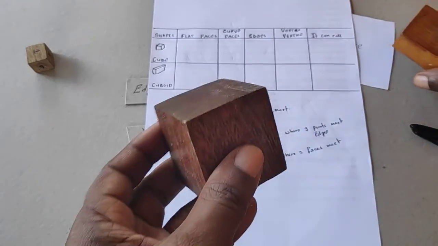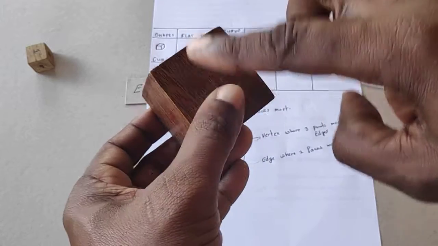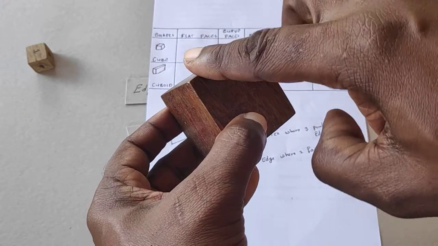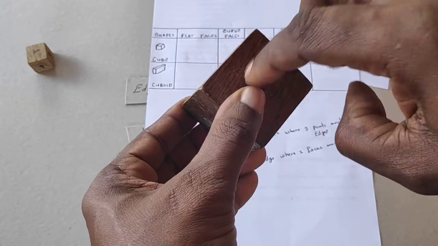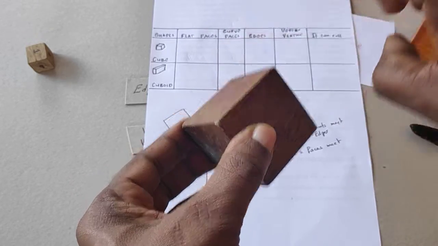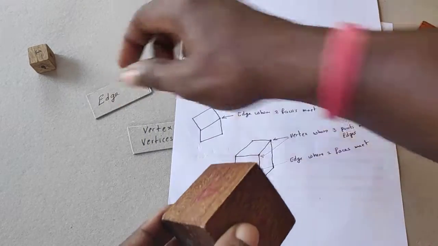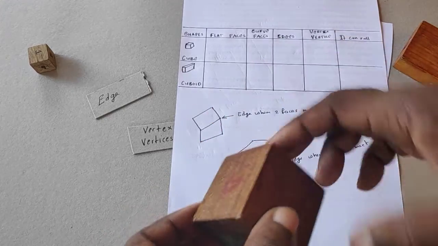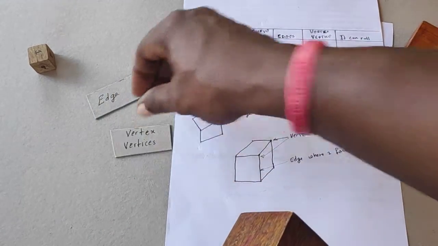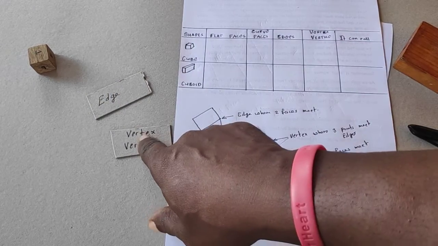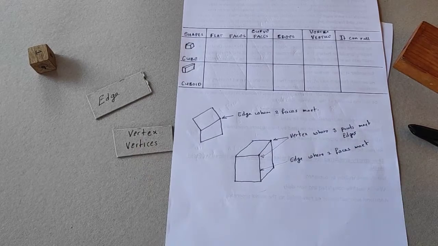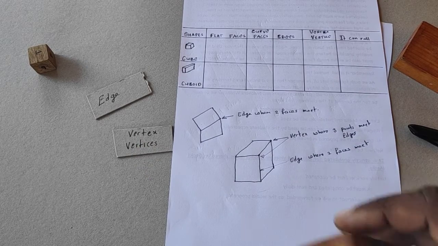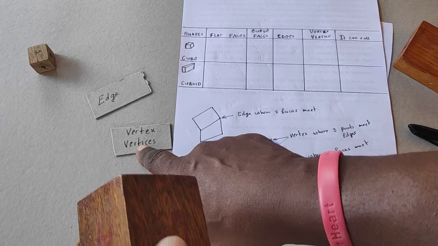Let's look at the cube. Where this face and this face meet here, it's an edge. Where this face and this face meet, this is an edge. So when you talk about an edge, we're talking about where two faces meet. But we also talk about something called a vertex or vertices. Vertex is singular, vertices is plural.